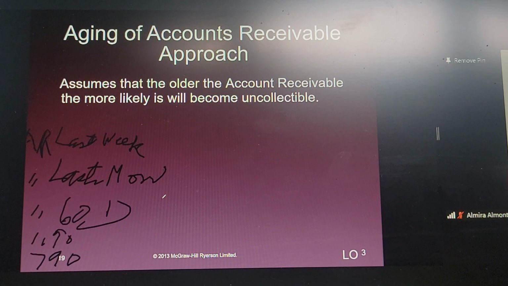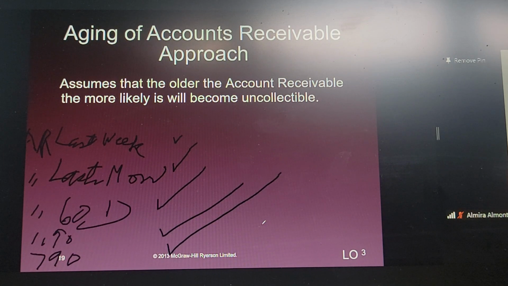I shouldn't worry as much about the recent ones. I am more likely not to get the older ones, less likely not to get the newer ones. This one, I likely will have it. Just last week, it's not even due yet.